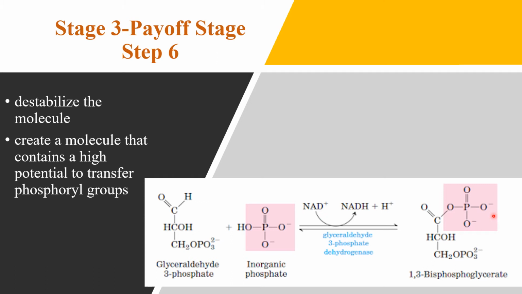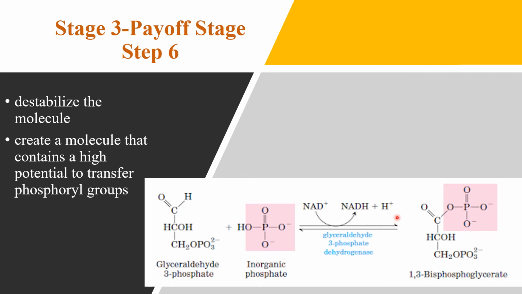And so we basically take the GAP and mix with NAD+, and we also use an orthophosphate, and in the presence of GAP dehydrogenase. So the dehydrogenase basically means we're going to have a reaction in which there will be a transfer of a hydride group.